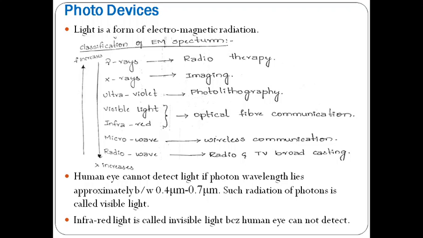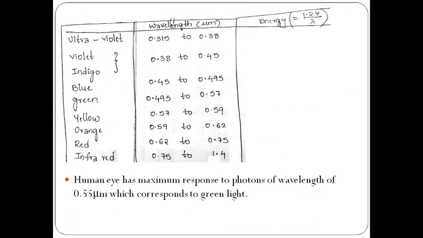Infrared is invisible light. The energy can be calculated using the formula E equals 1.24 by lambda, where lambda is in micrometers.